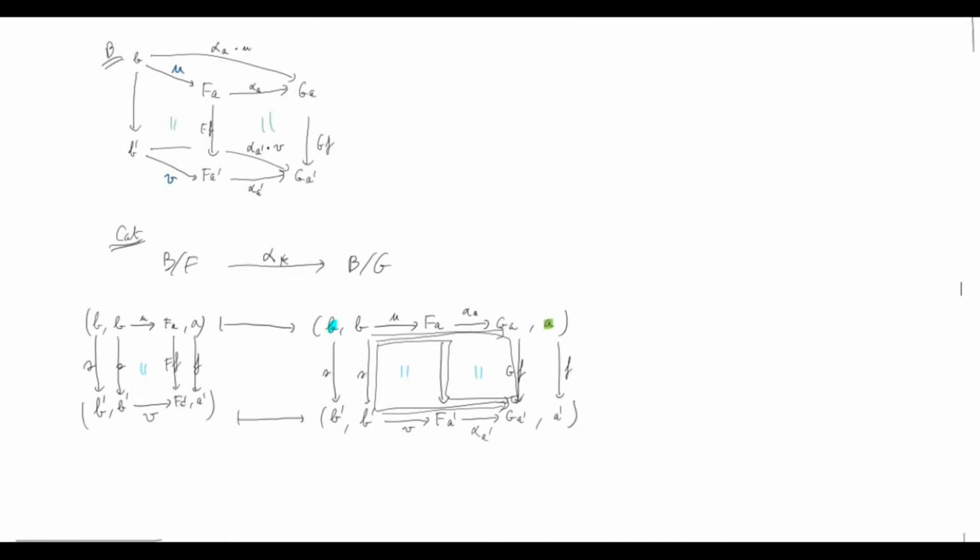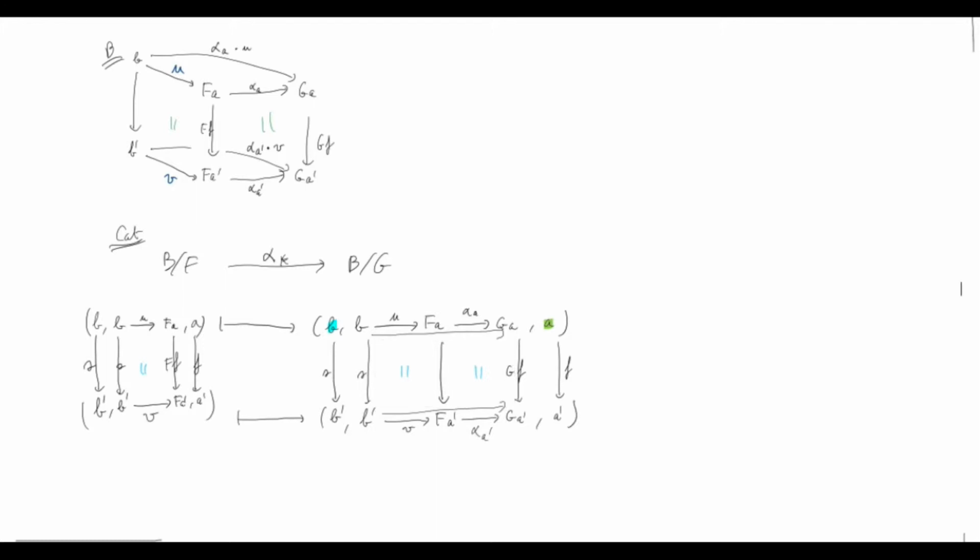That is, G f alpha A u is equal to alpha A prime F f of u, equal to alpha A prime v s. So the pair (s, f), which is untouched, as a morphism in B over F, is also a morphism in B over G.